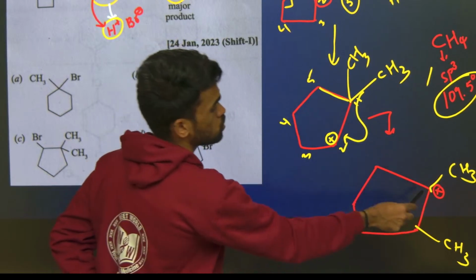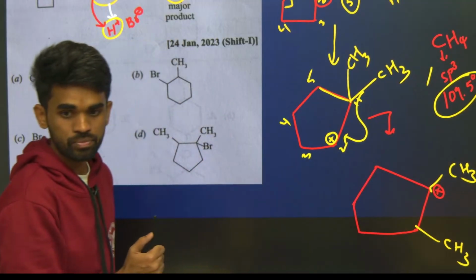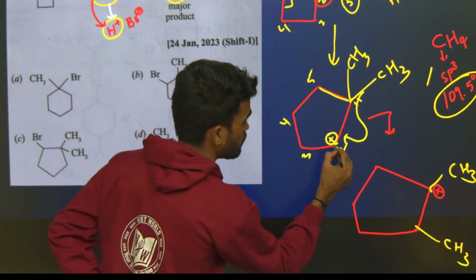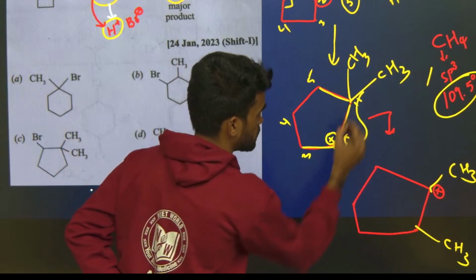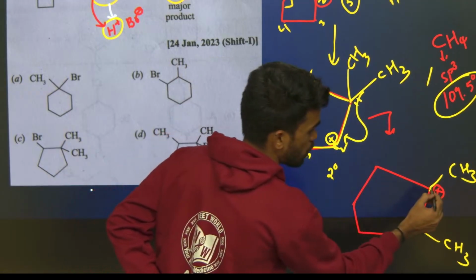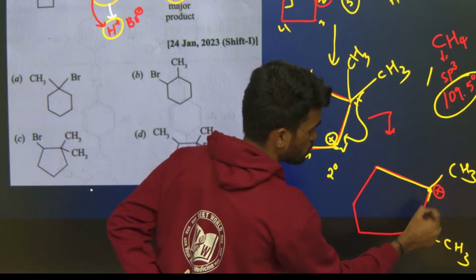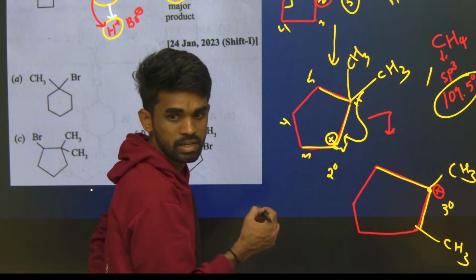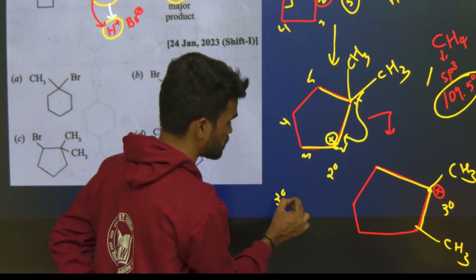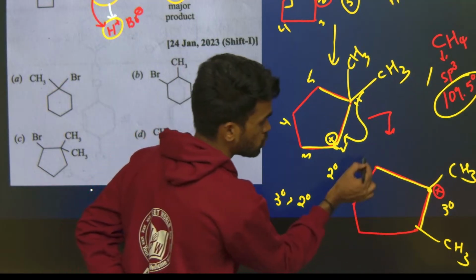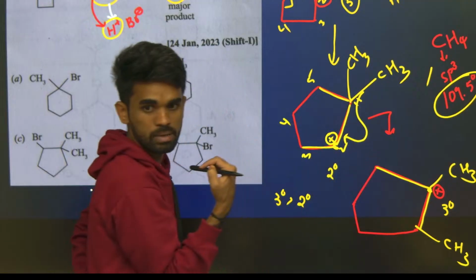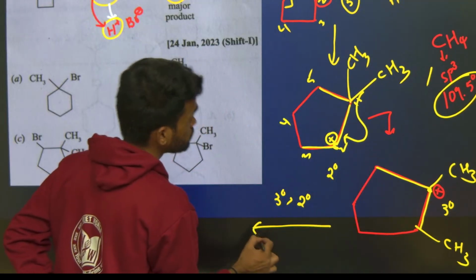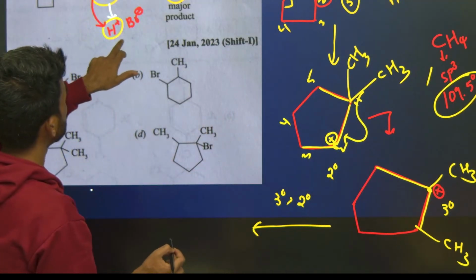Out of these two carbocations, which is more stable? This is a carbon with two carbons attached, so it is a secondary carbocation. This is a carbon with 1, 2, 3 carbons attached, so it is a 3-degree carbocation. A 3-degree carbocation is more stable than a 2-degree one, so that's why the rearrangement takes place like this. Out of HBr we have added H plus.